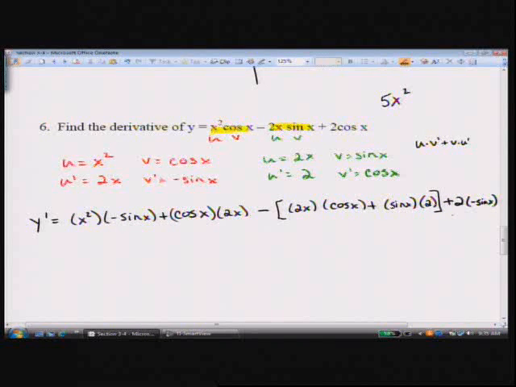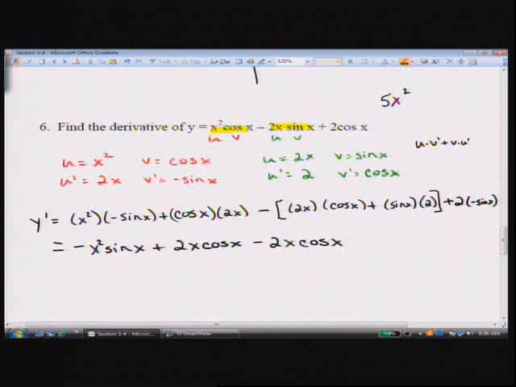Okay, so let's clean this bad boy up. This is negative x squared sine x plus 2x cosine x. Just feels better to me to do it that way. Distributing the negative here, ooh, look, minus 2x cosine x. That's cool. And then here, minus 2 sine x, and another minus 2 sine x. Well, this is going to be pretty. All right, and so this is its own animal.